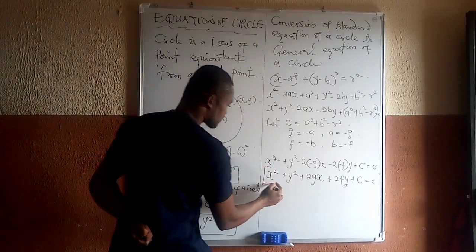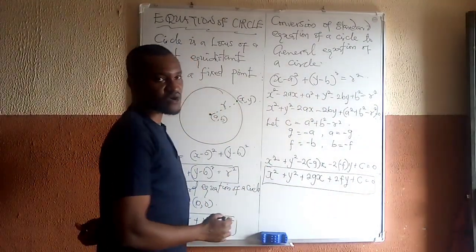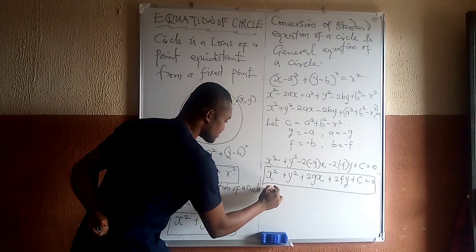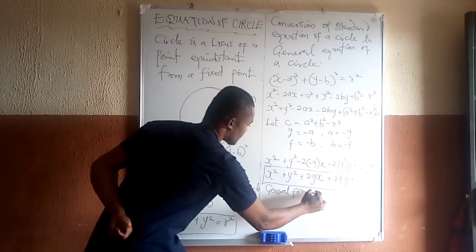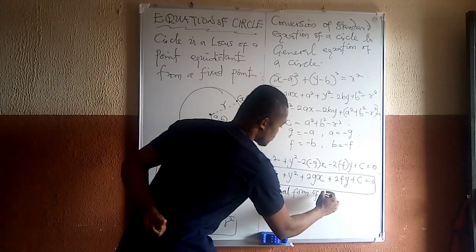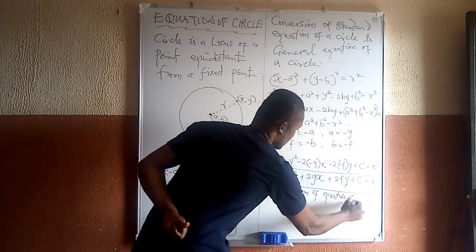Now we have succeeded in obtaining the general form of equation. Hence we call this the general form of equation of a circle.